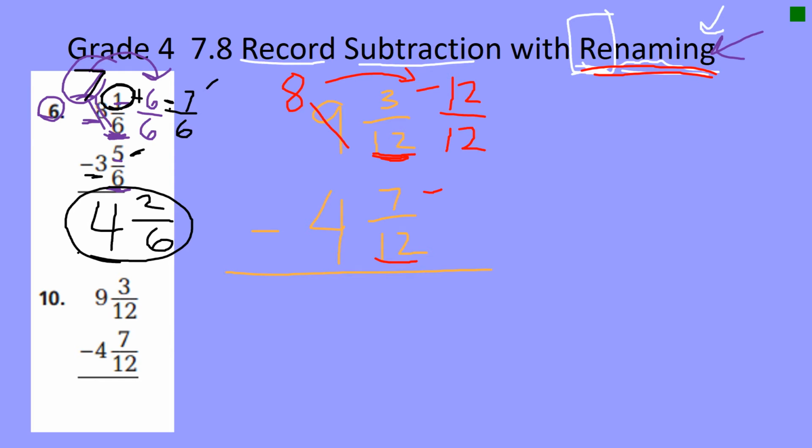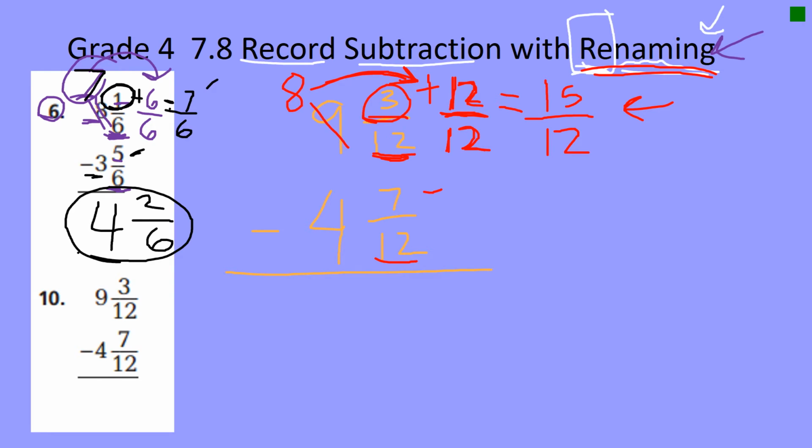I'm going to use that little line I made as a plus sign. So we had 3 pieces. We regrouped that one whole thing, put it over here as 12/12. So how many pieces do we have now? We had 3 plus 12 more, 15/12.